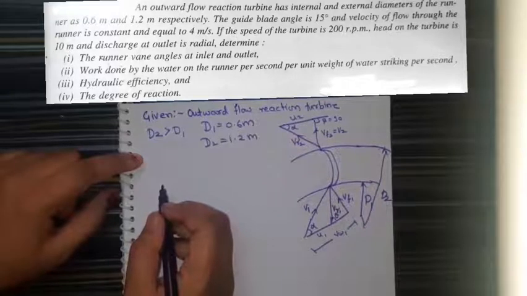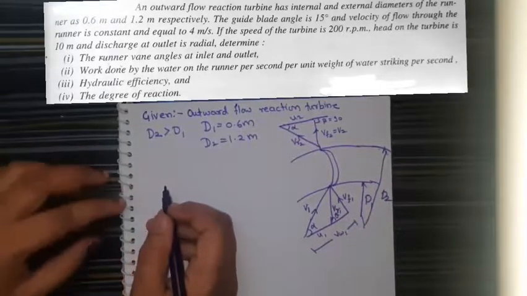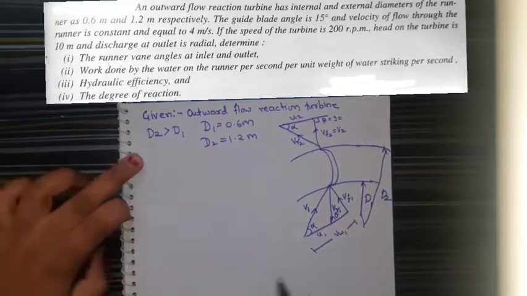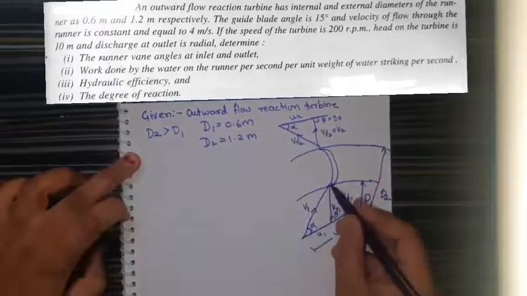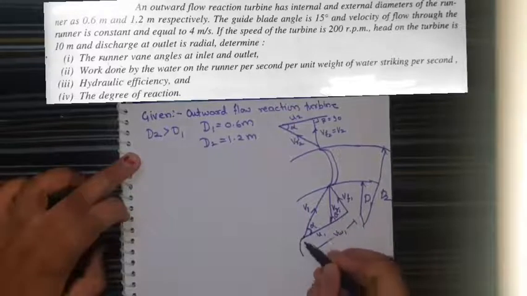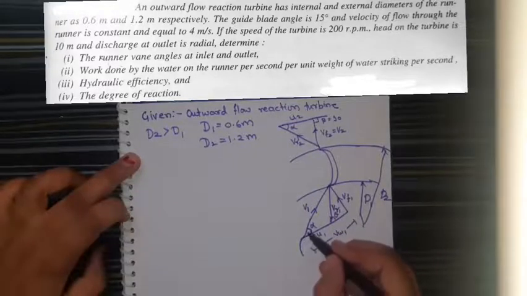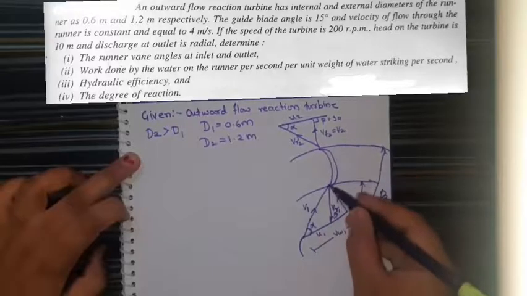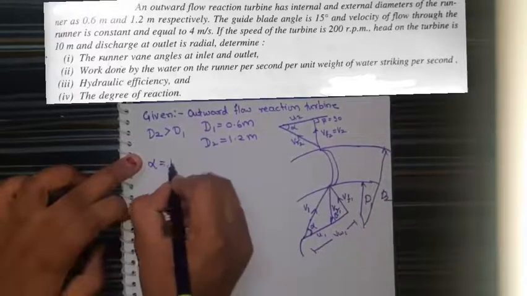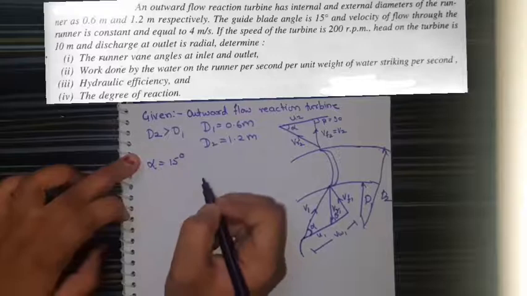The guide blade angle is 15 degree. Guide blade angle means this alpha, which guides the velocity V1 towards this runner. So alpha is given as 15 degree.